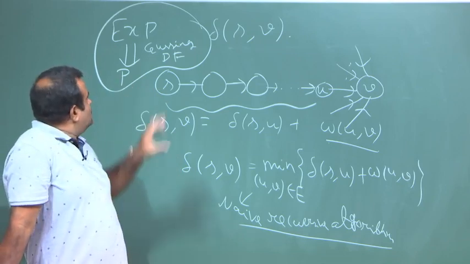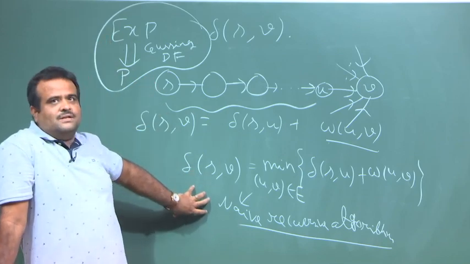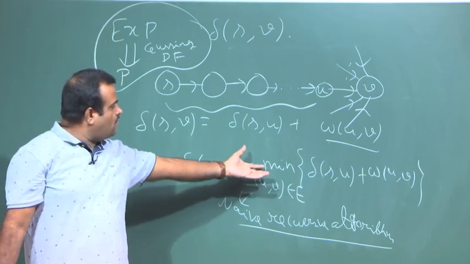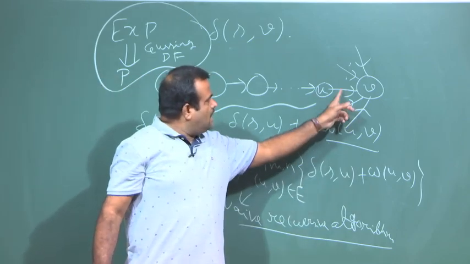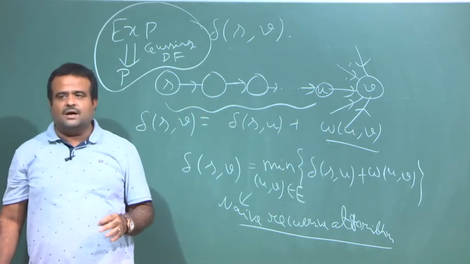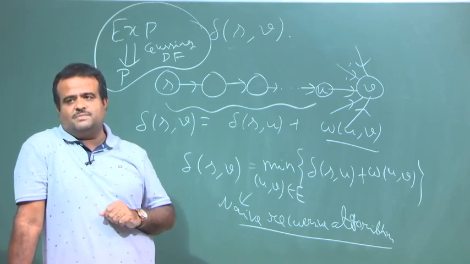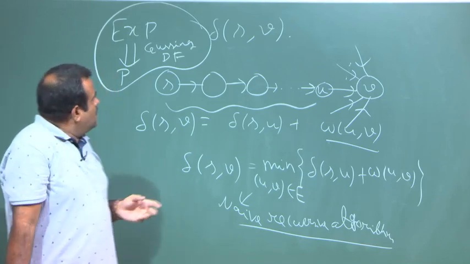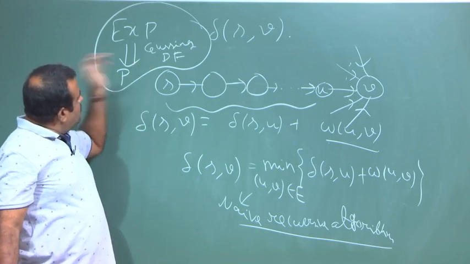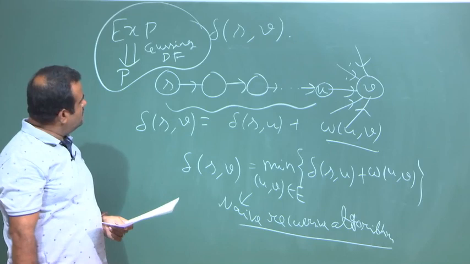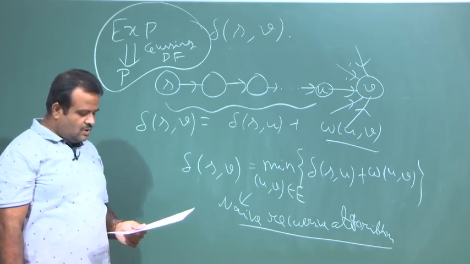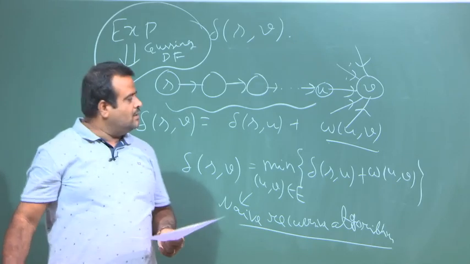We cannot go for all possibilities, we have to guess which edge will give the minimum one. So, that is the goal of the DP, that is the DP technique.